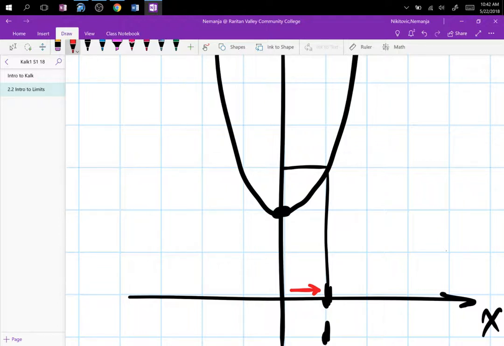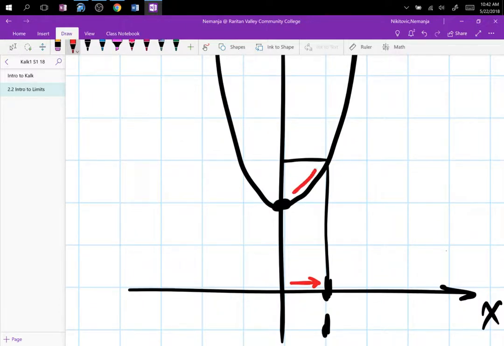Each x value that is getting closer to 1 will produce y values that are climbing up the function. On the other side, you will have motion that goes towards 1, which will go down the function, down the y-axis, and yes, they meet at 3.